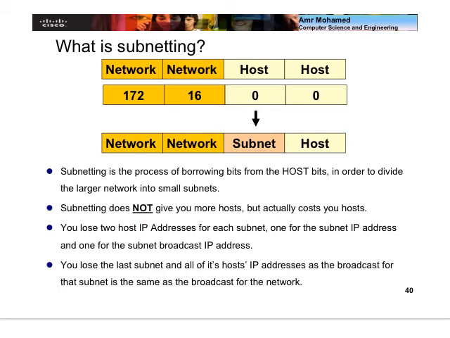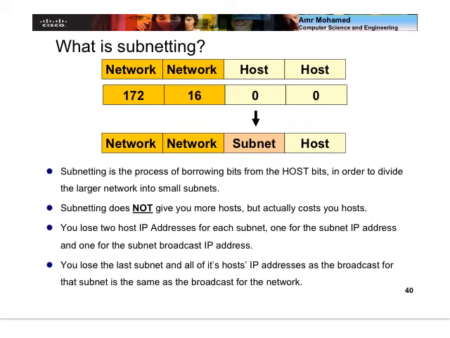But subnetting doesn't give you more hosts. Unlike NAT and PAT, which are used to mitigate the shortage of IPs, this one actually makes you lose IPs, because for each subnet now you have to designate a network address and a broadcast address for this particular subnet.